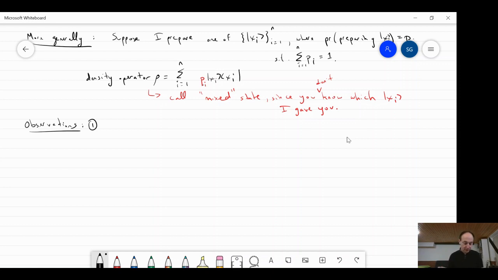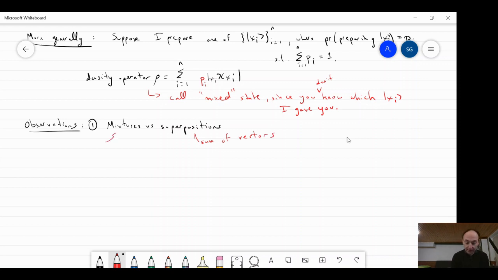First, let's talk about mixtures versus superpositions. Superpositions are a sum of vectors, in the very basic algebraic formalism we've been using so far.